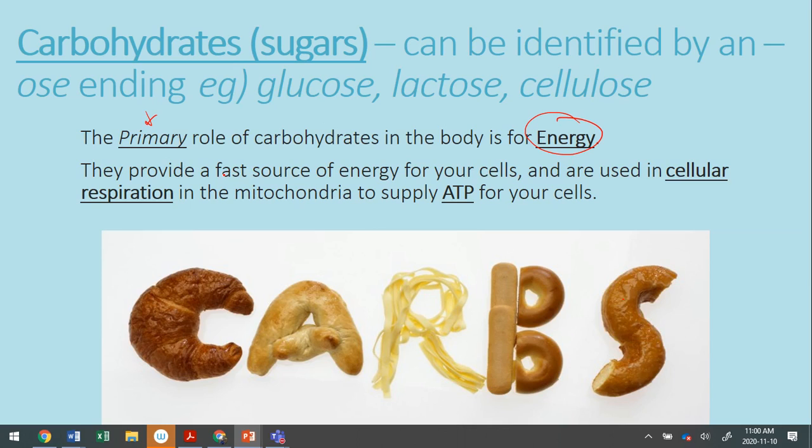Okay, they provide a fast source of energy for your cells. They're used in the powerhouse of your cells, in your mitochondria, and they're used in cellular respiration to create something called ATP.